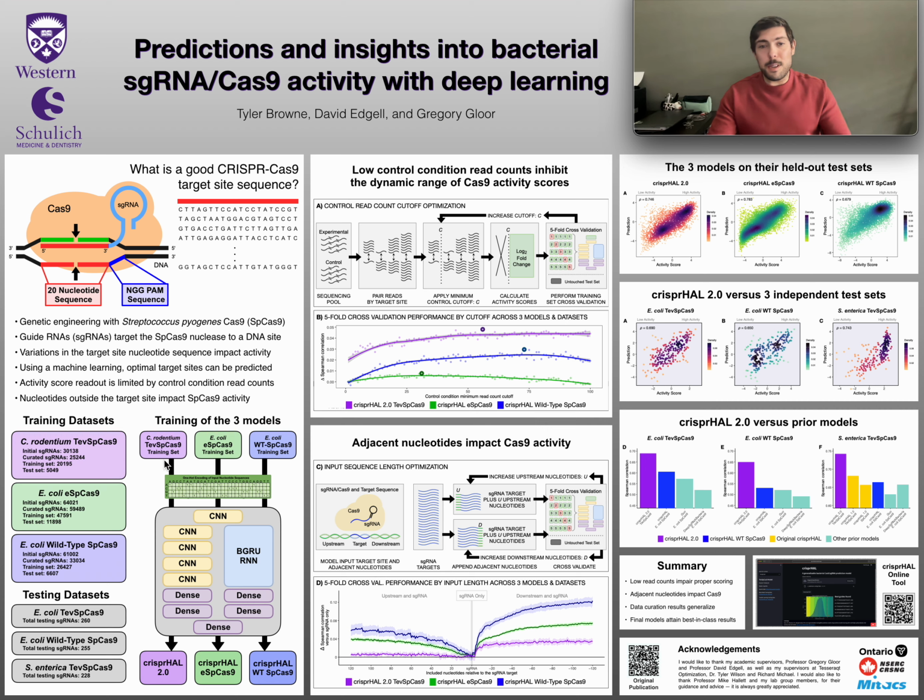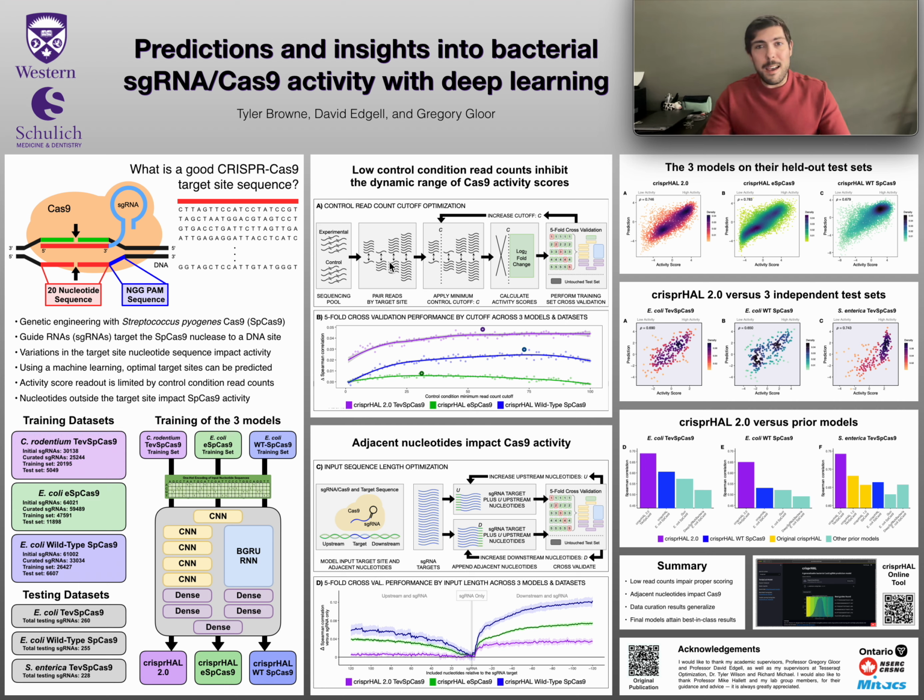Overall, what I'm doing here is building three different models, all with the same deep learning architecture called CRISPR-Hal. And then finally, I'm going to show the performance of the best performing model, CRISPR-Hal 2.0, on three independent training sets. So, to start, as I said, I'm not focusing on the machine learning side here. I'm focusing on how the data will impact performance.